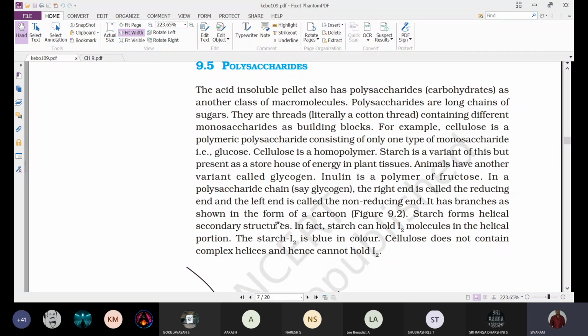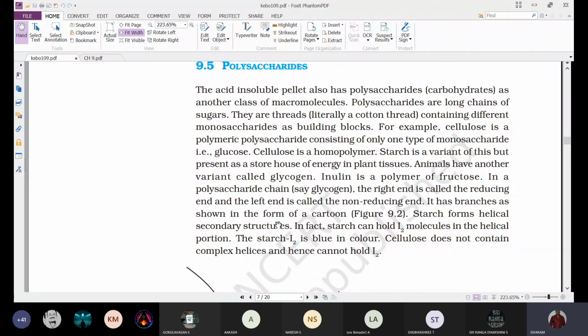There is another example of a homopolymer, that is inulin. Inulin, not insulin, is a homopolymer of fructose. A large number of fructose molecules are joined by glycosidic bonds to form a polysaccharide called inulin.